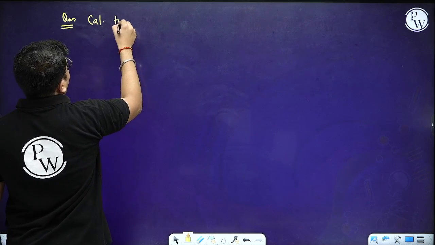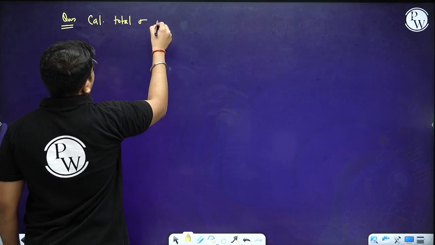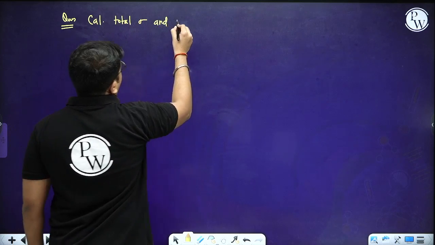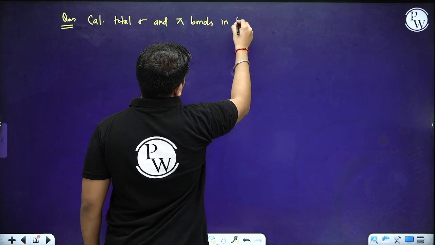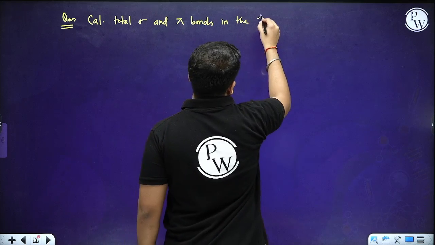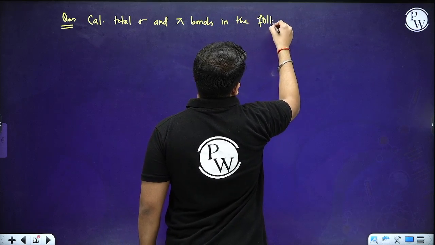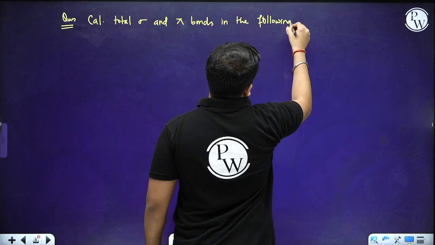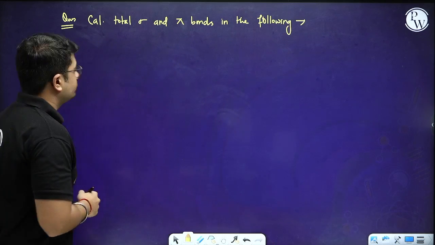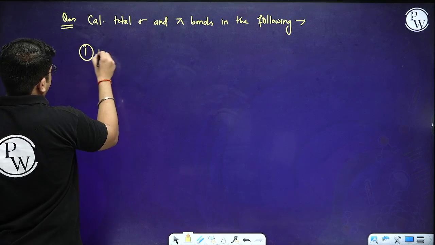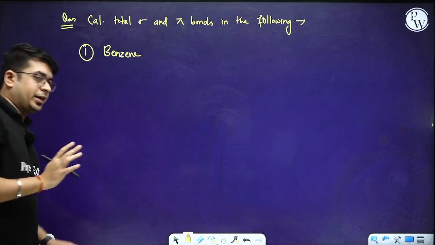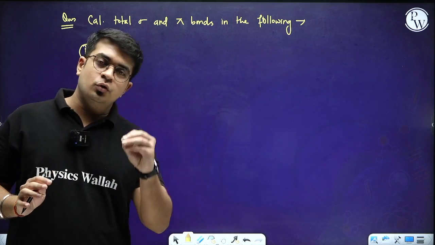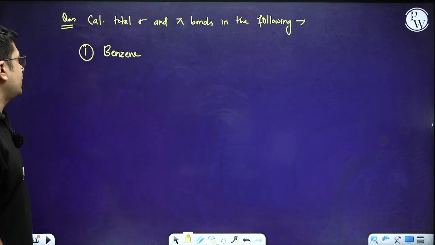Calculate total sigma and pi bonds in the following compounds. Let's say first one is benzene. Initially, I am using all those compounds which you already know from your previous classes.